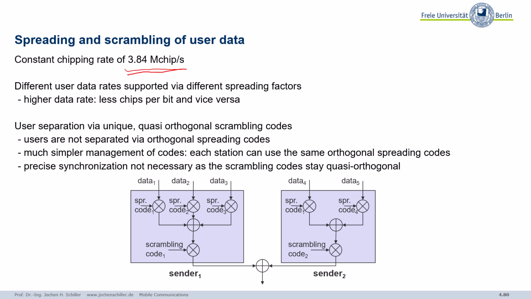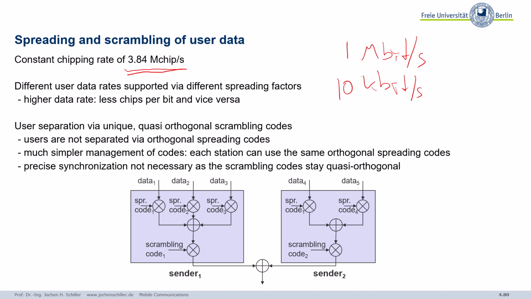So, additionally, UMTS uses a constant chipping rate. A constant chipping rate has certain consequences. Think of different data rates you want to support. Think of whatever, I want to support 1 megabit per second, or I want to support 10 kilobit per second. If you use a constant chipping rate, that means you have to vary the spreading factors.